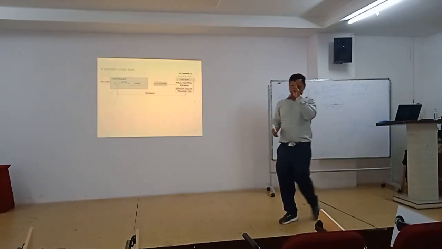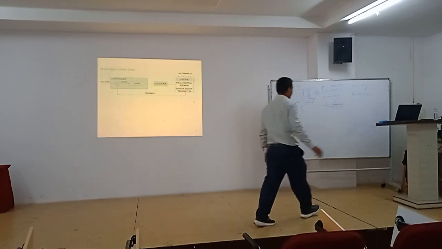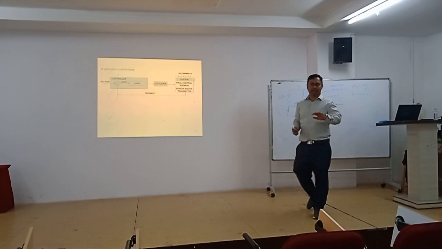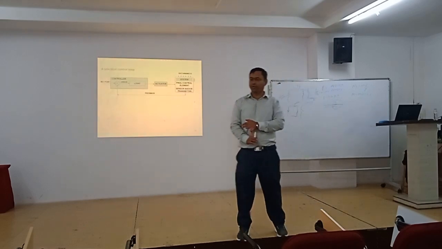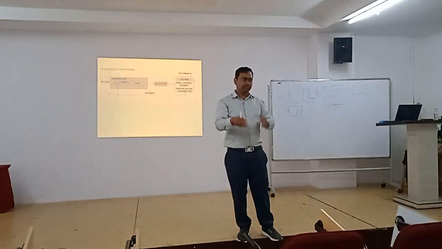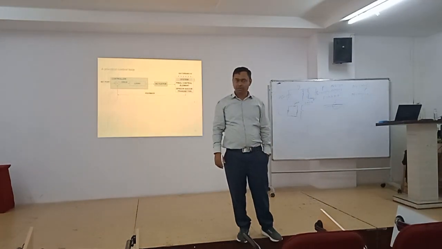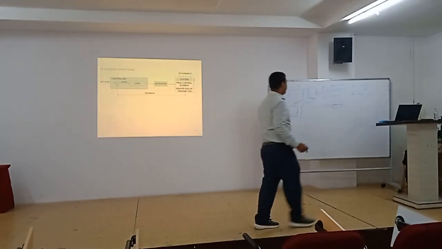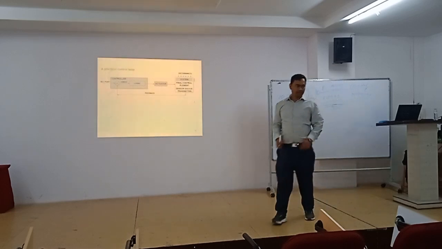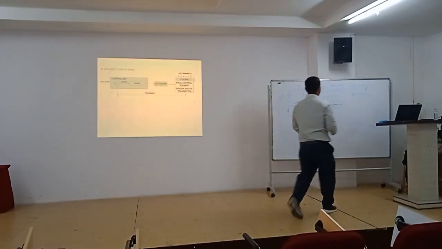Here f and P seem to be variable, but practically they may not be variable, because once you make the motor, the poles are fixed, and the supply frequency is always the same. So that's why the synchronous speed will always be fixed, and because of that, the speed will always be fixed.